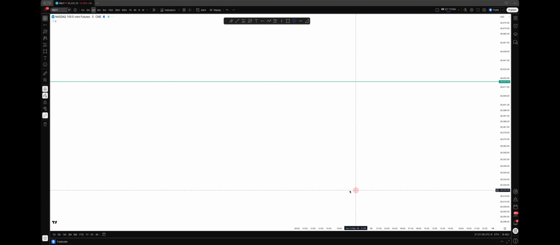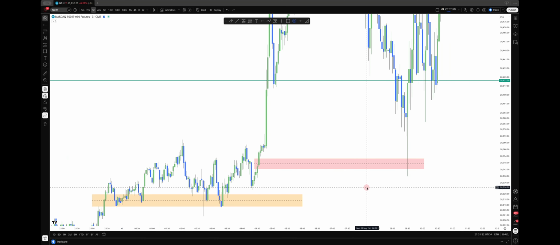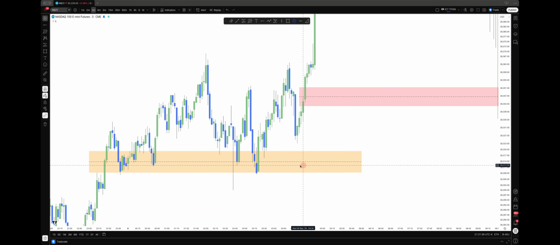Okay, for the institutional order of entry drill, what do we use? We use lower time frame. Okay, and we want that retracement. After this, boom. What do you see here? Fair value gap. Institutional order of entry drill right here.